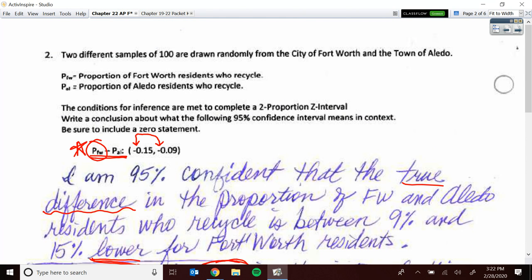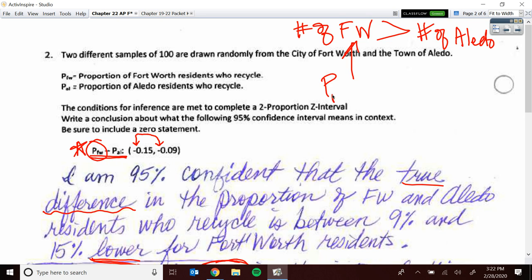For example, over here, the number of Fort Worth residents who recycle is probably much higher than the number of Aledo residences who recycle because it's so much bigger of a town. However, the proportion of them who recycle ends up being lower than the proportion, okay? So you have to reference the proportion, okay?